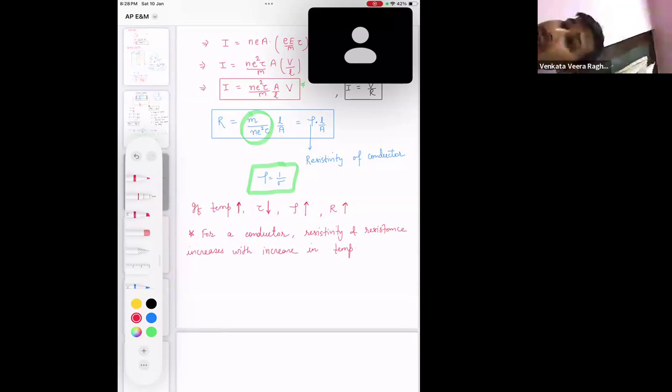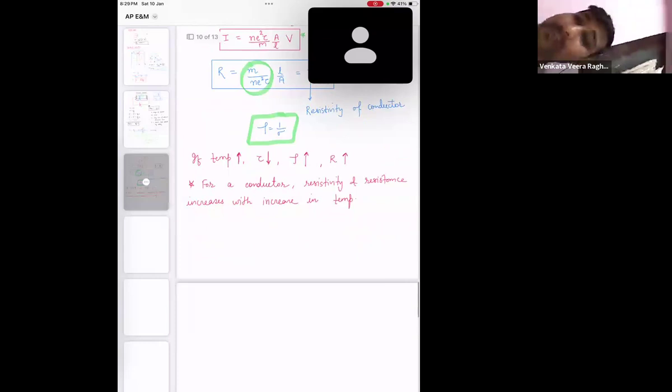It will follow a simple V versus I graph, a straight line. It will behave like an ohmic conductor. What is a conductor called ohmic? When the conductor's voltage versus current graph is linear, then it is called an ohmic conductor. But as temperature increases, what happens? Resistivity increases, resistance increases, and it starts deviating from the straight line behavior. Okay, so at high temperature or at high voltage, a conductor will start behaving like a non-ohmic conductor.